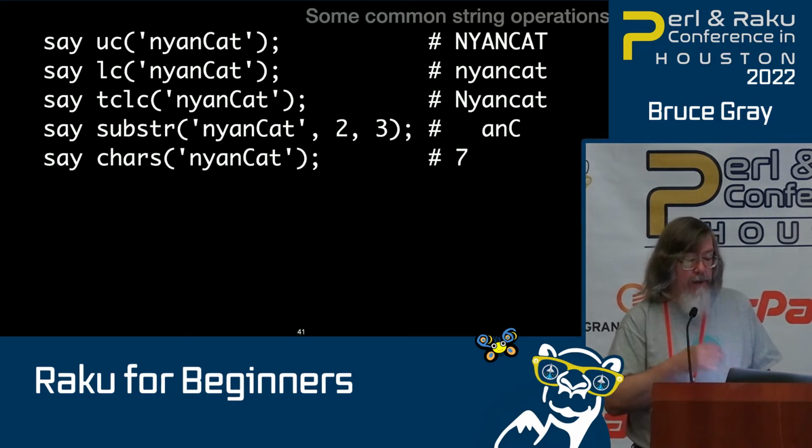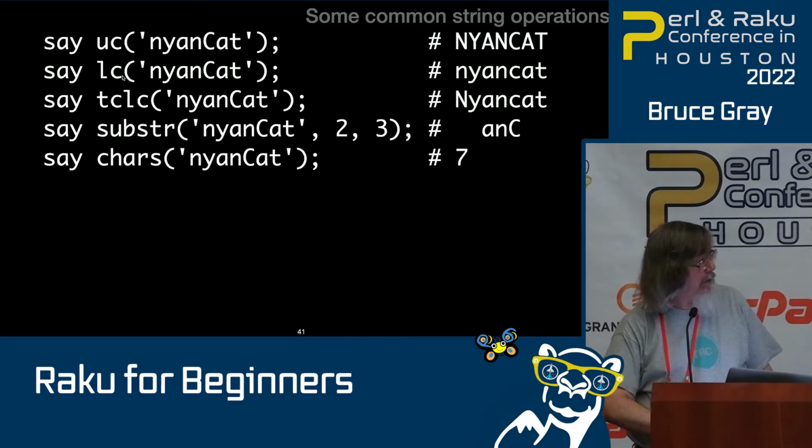Here are some common operations on strings. I don't have the slide with all the string operations, but we've got function calls: uppercase, lowercase, title case. Substring, so this will go to the 0, 1, 2 character and give me 3 characters.